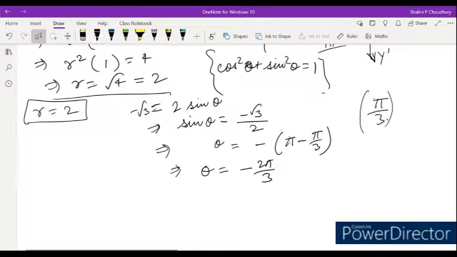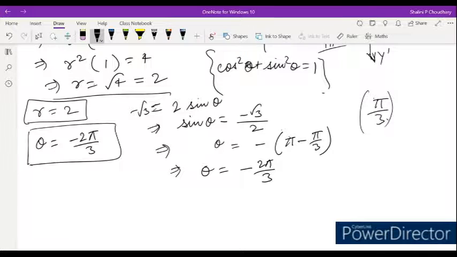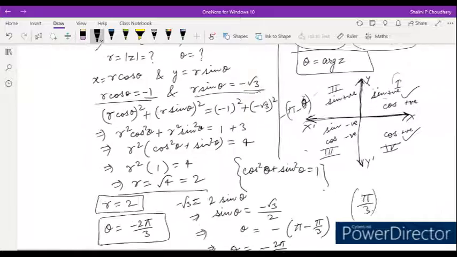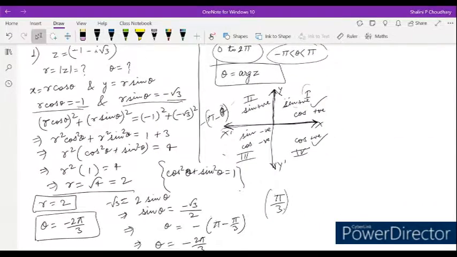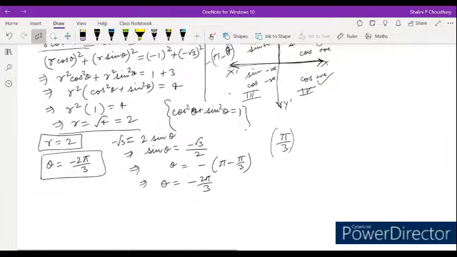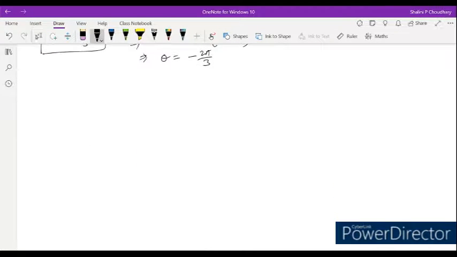So the value of theta will be minus 2 pi upon 3. Okay, so these are the values, I mean the modulus and the argument of z. Similarly, we have to do the same thing for question number 2.